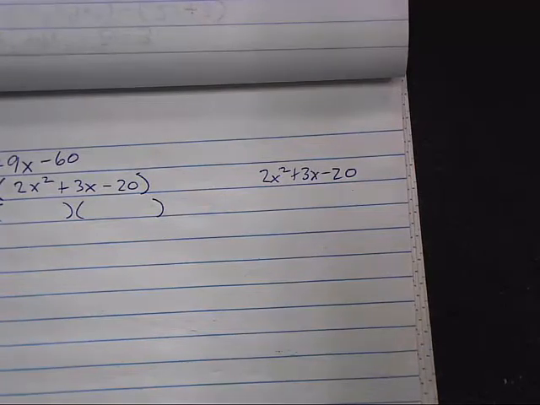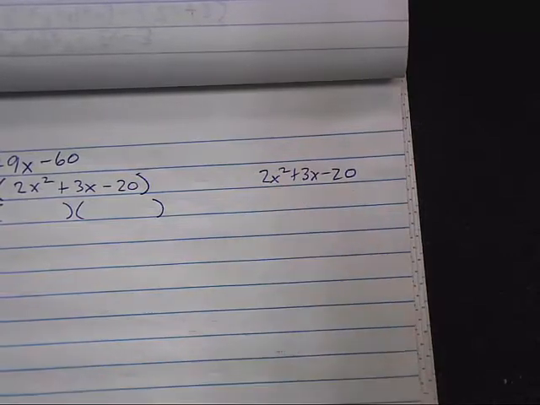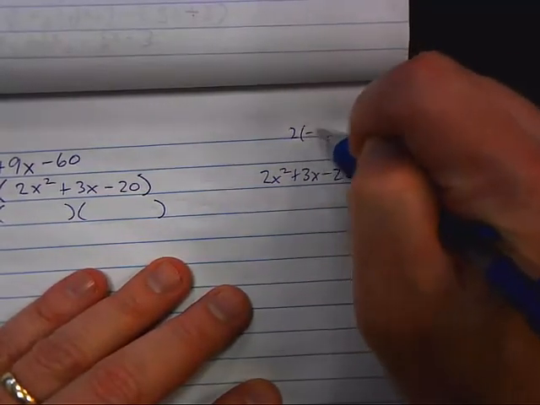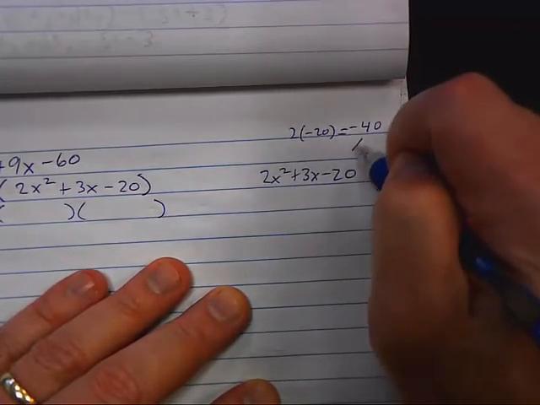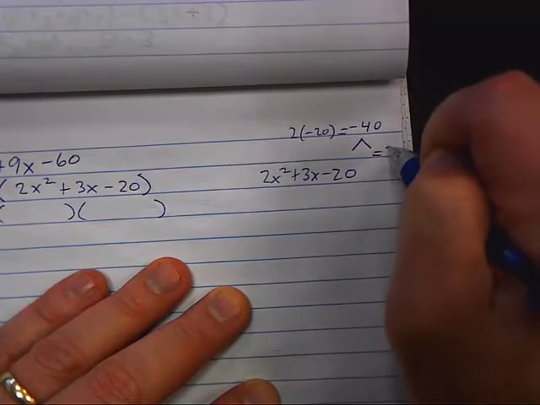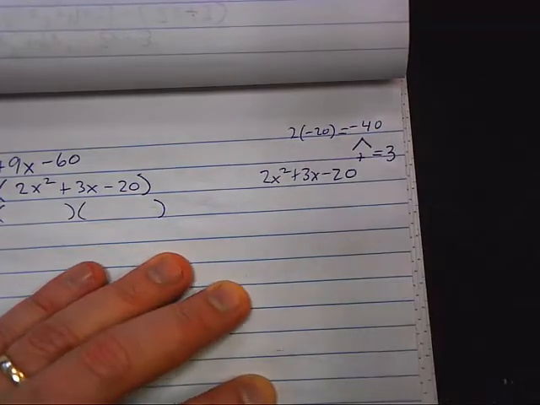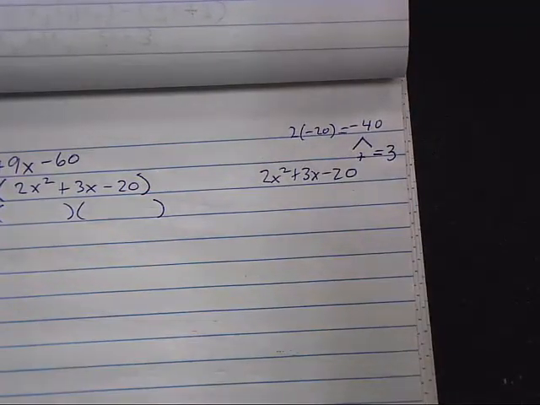Now I notice there's no common factor. So now I multiply the ends. What's 2 times negative 20? Negative 40. 2 times negative 20 is negative 40. I need to break up negative 40 so that my 2 numbers add up to be the number 3.